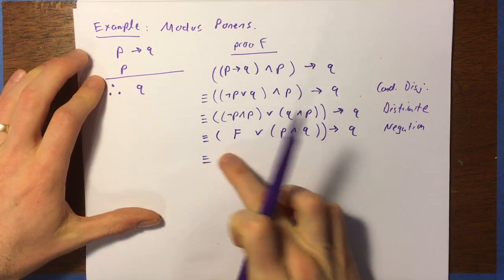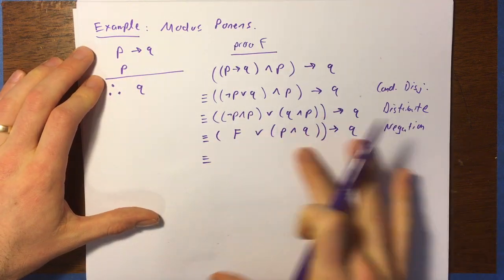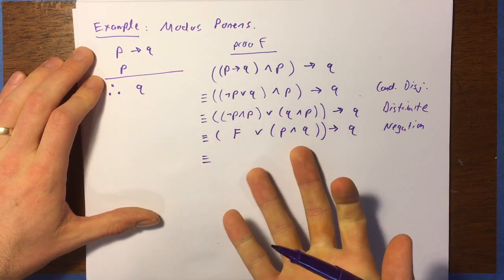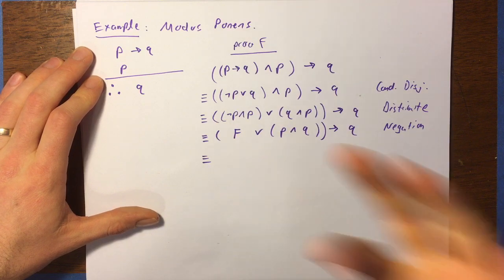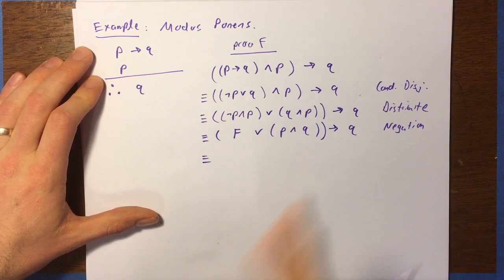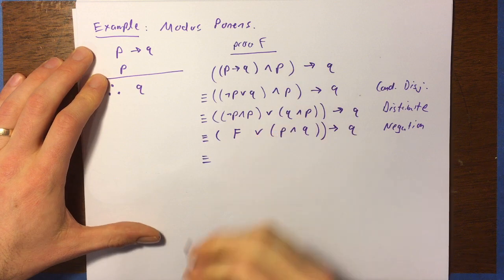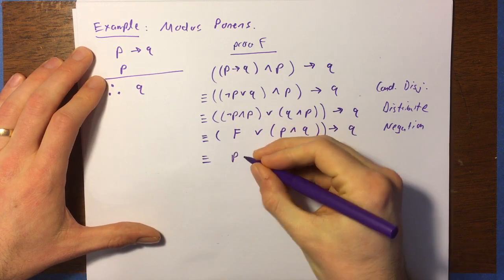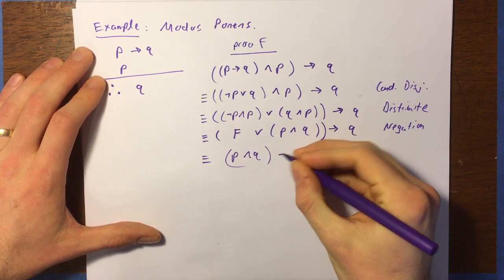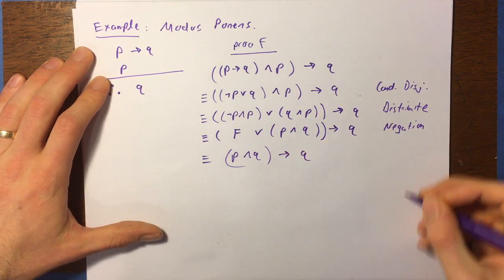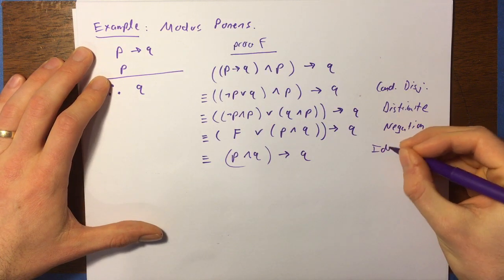So in this case, false or P and Q, that's an example of that identity law. Technically it's backwards, but again, commutative could flip it around for us. So we can apply the identity there and say that is just going to be P and Q, and then that implies Q. So that's by identity.